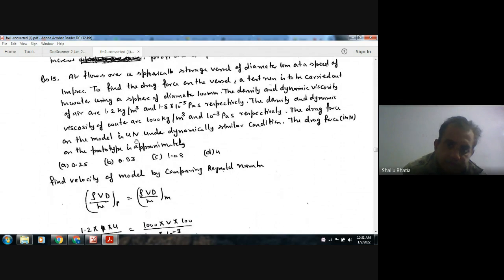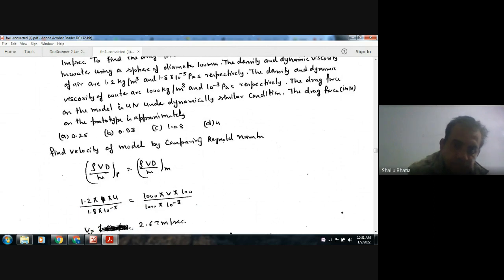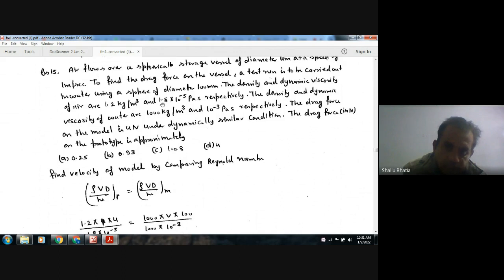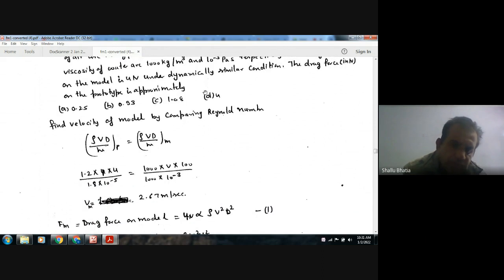In the second condition, water is flowing, so its density is 1000 and mu is 10 to the minus 3. We have to find v, and the diameter is 100 mm. From this we can find the velocity, which is 2.67.